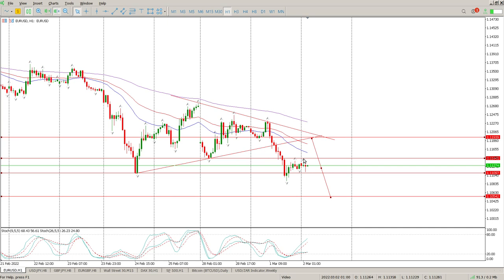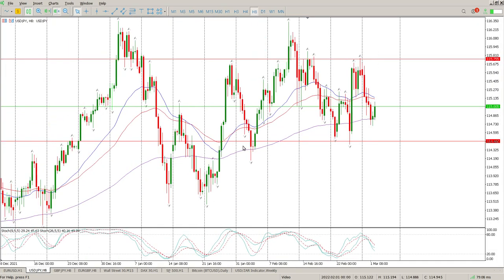The last bit of structure forming here is a bit of a range at the moment. Same thing: break the range, come back and test this area at 111.097, then you're looking to move to this zone, 110.500, and then 110 is your next target level. So I think that's the trade on offer at the moment.